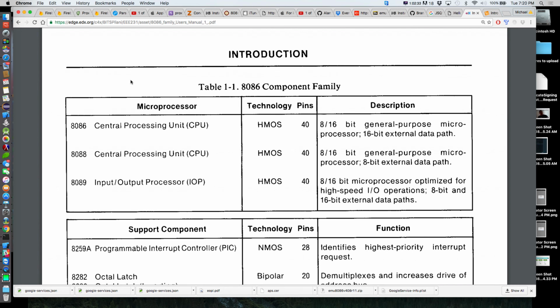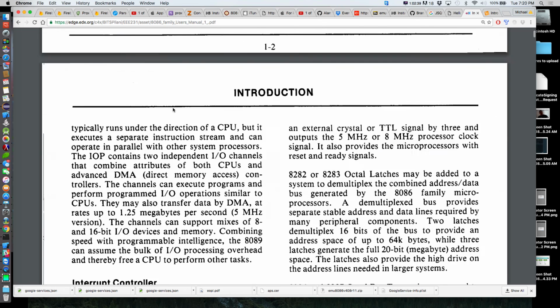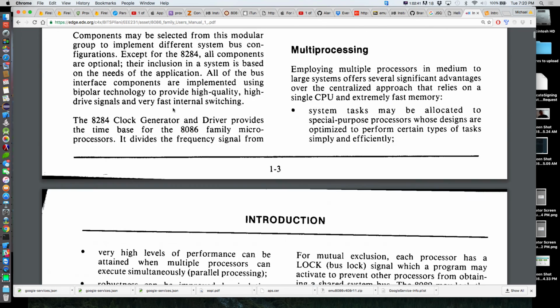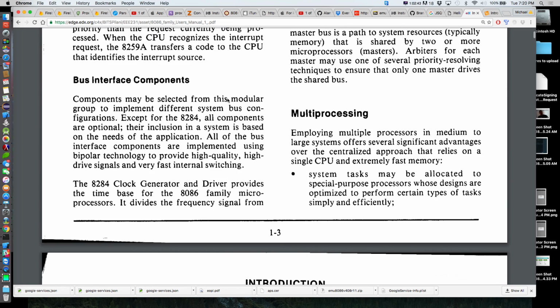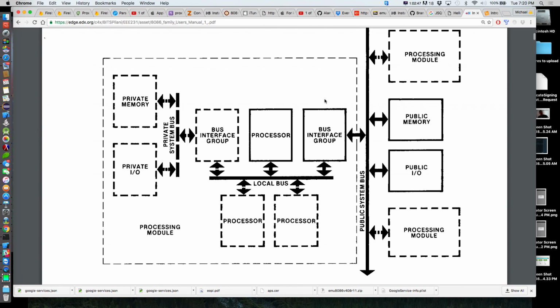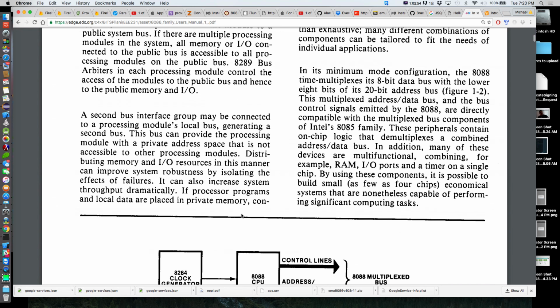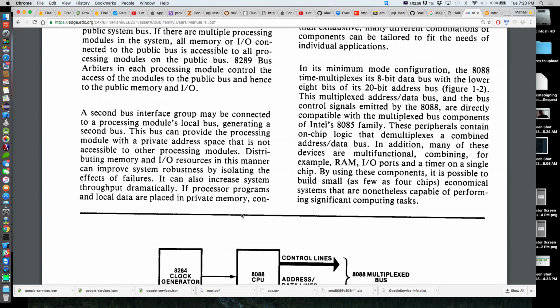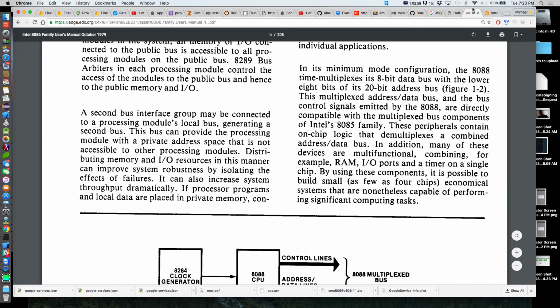I don't even know what that means. Multiprocessing. But down here they have diagrams of like the bus system and things like that. And farther down they actually show us the breakdown of registers. That's what we're going to be more interested in.